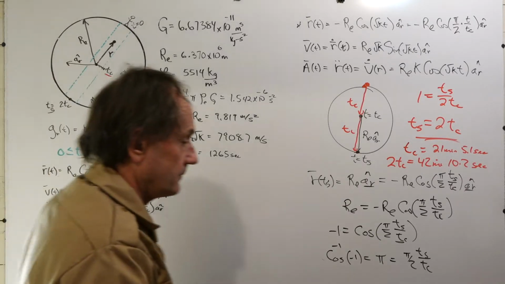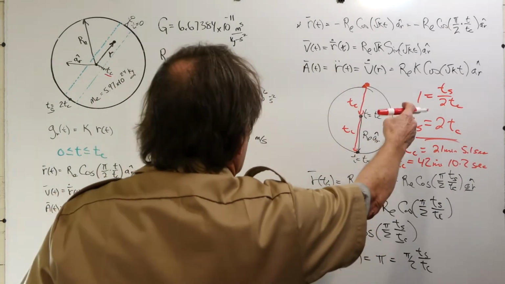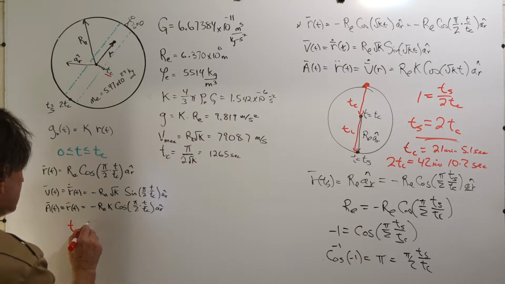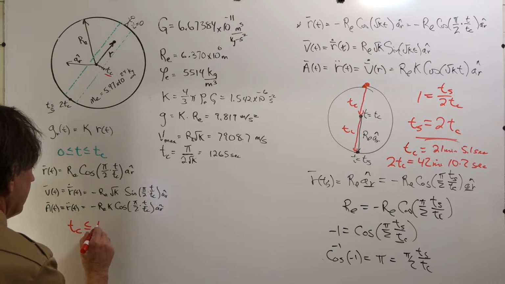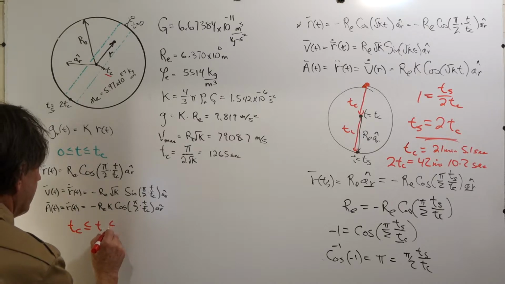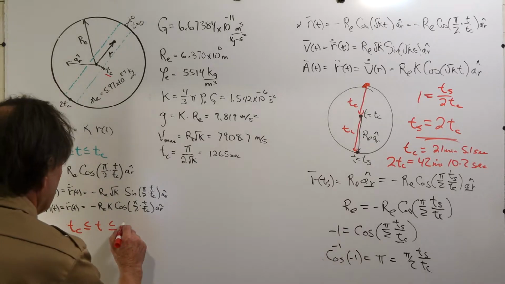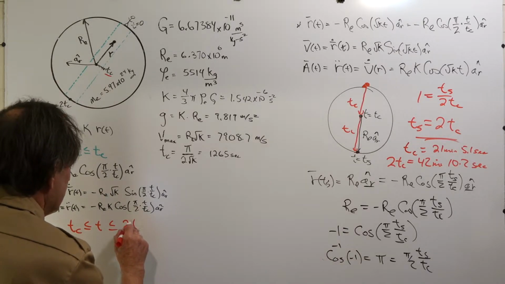Now, with the time from t_c, and we'll later figure out what the restriction is here on the upper end, but we know at least this is going to be at least 2 t_c.